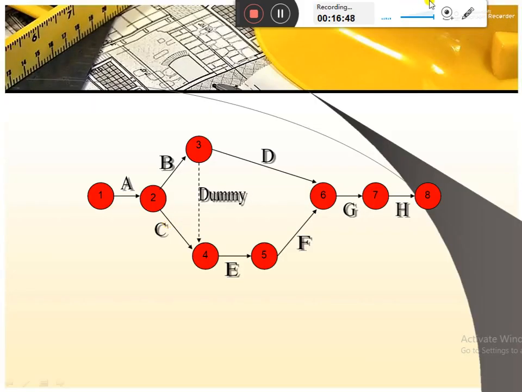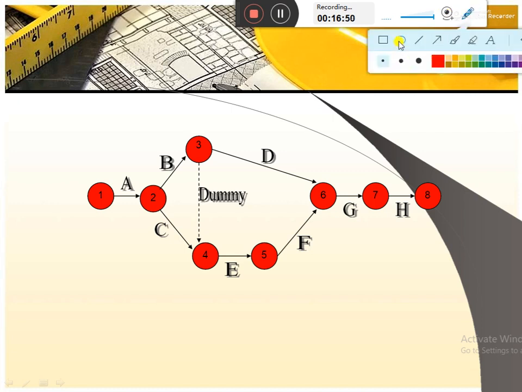Like in this diagram, there is node 1 that denotes the starting of activity A, and there is the second node 2, that denotes the ending of activity A, and further it denotes the starting of activity B and starting of activity C. So basically, nodes or events in a network show the starting point or ending point of different activities.